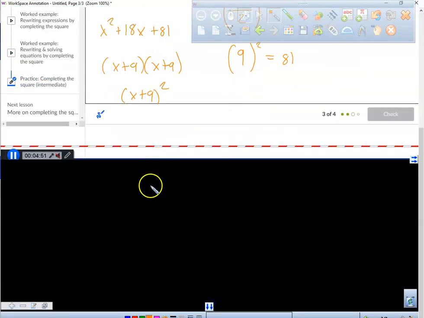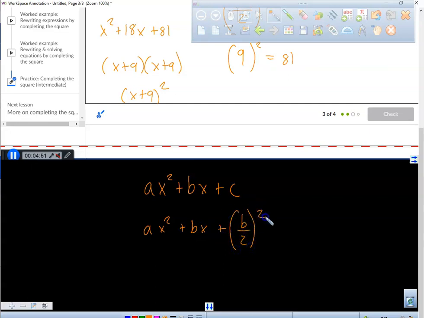All right. So here's what you guys could do in your journals right now. You guys ready? If you have ax squared plus bx plus c, and you have what's called a perfect square trinomial, it's going to be ax squared plus bx plus whatever b divided by 2 squared is.